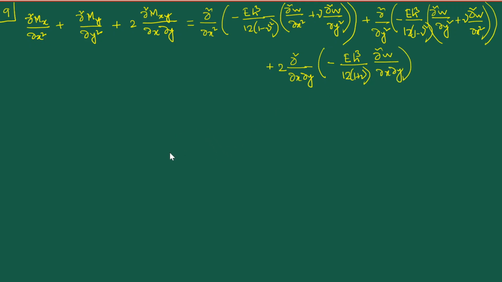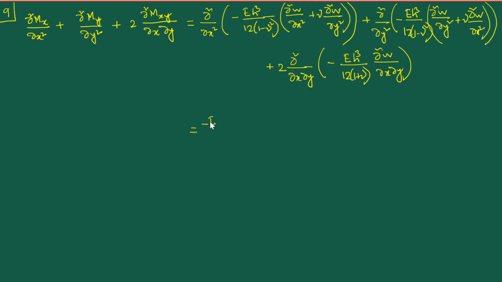Okay, let me see if I can simplify this a little bit. One thing is good here, that I have this minus E h cube by 12 common, and I'll also take this 1 minus nu square common, only I have to compensate with a 1 minus nu in the numerator. Let's do this.